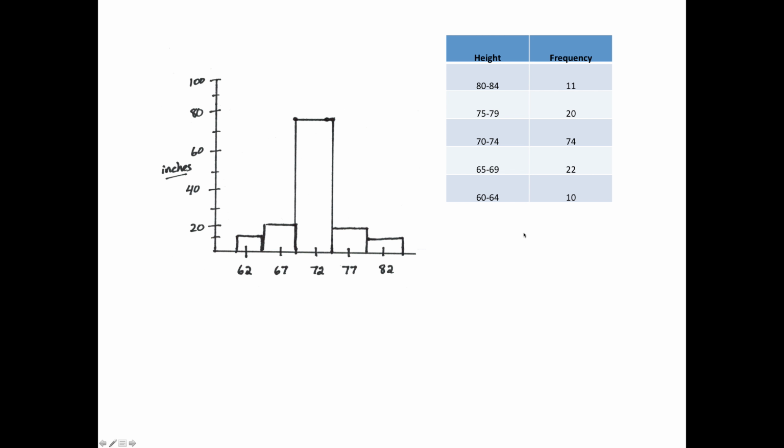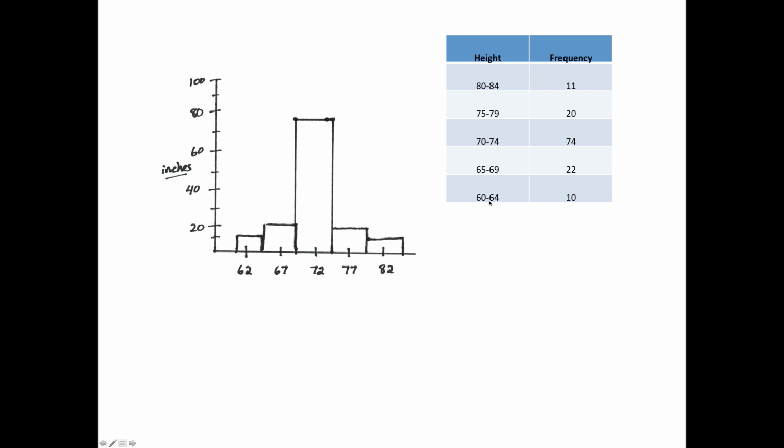Since this is a range of 60 to 64, I didn't want to put that on the graph as 60 over to 64, and then the next one starts at 65, but the bars are supposed to touch, so this number right here would be 64.5, which is the class boundary, and I didn't want to put 64.5 right here and have it look all messy like that. I wanted it nice and neat and beautiful like mine.